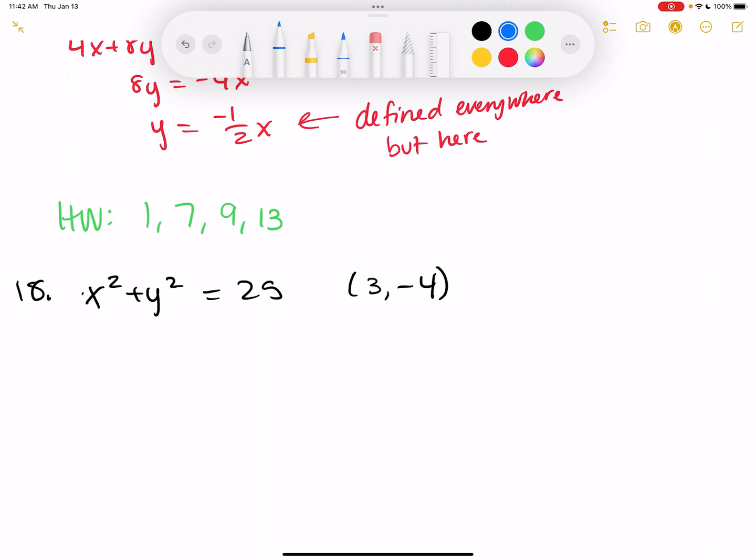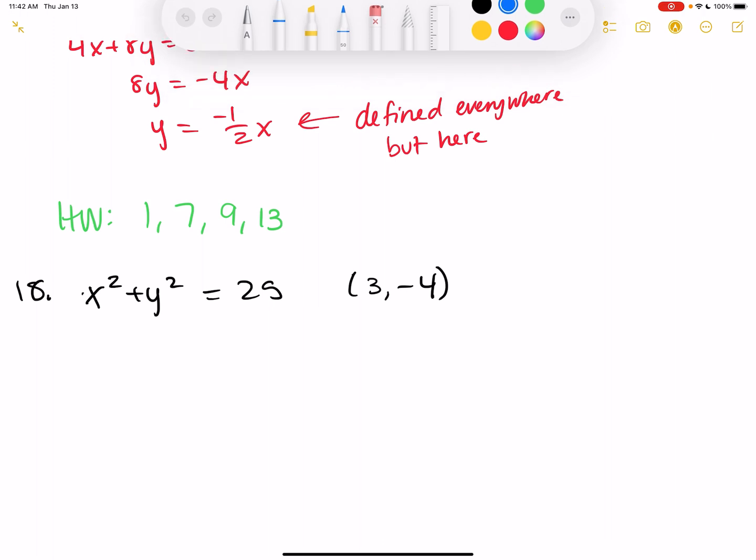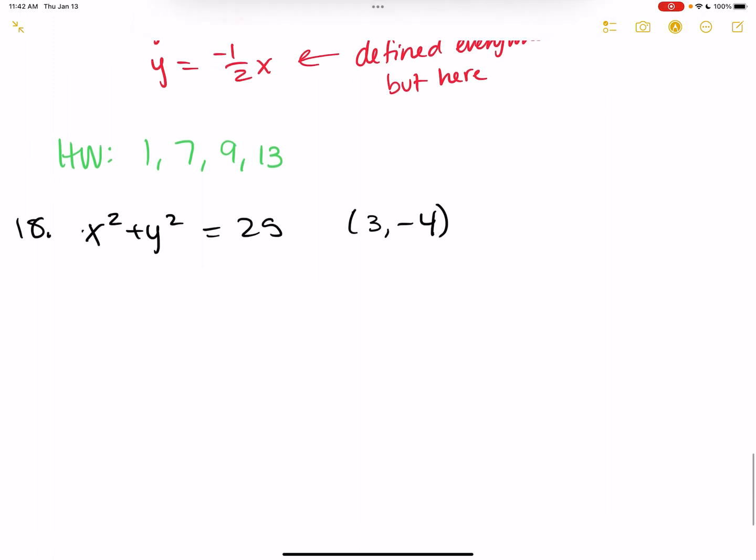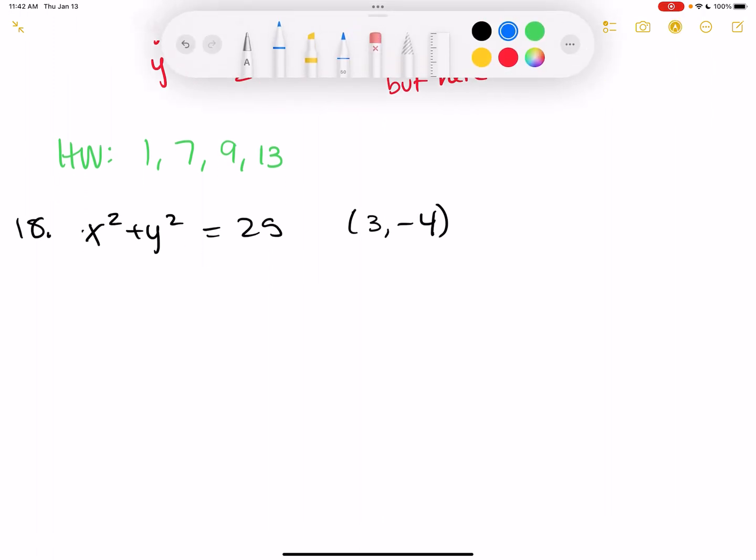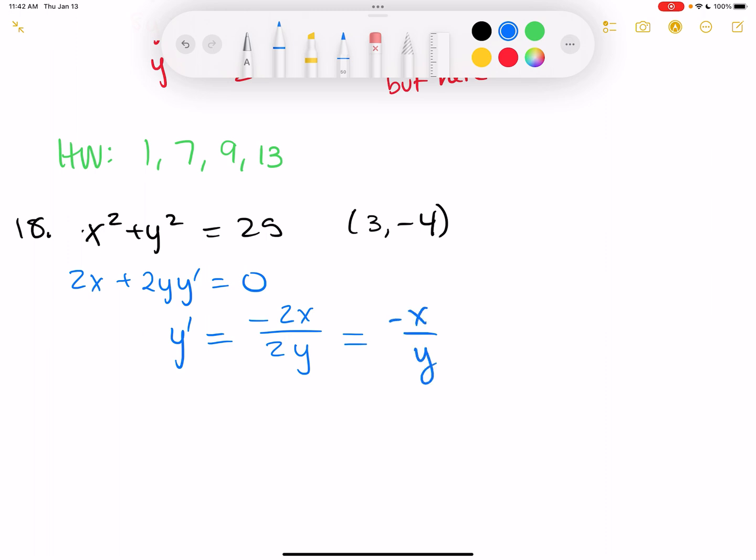What would the derivative of this be? 2x plus 2y y prime equals 0. Then move stuff around, so I'm just going to do this all in one step. y prime equals negative 2x divided by 2y, which is negative x over y.